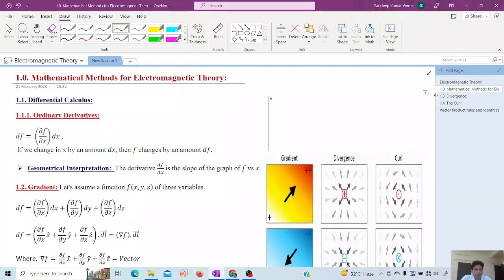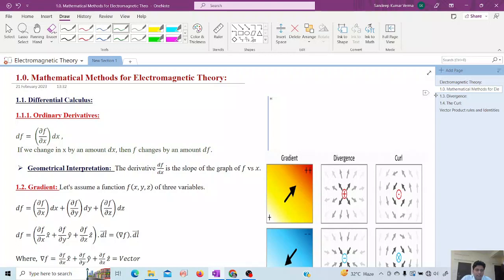syllabus. So the mathematical methods for electromagnetic theory: first I have started from differential calculus, and now the ordinary derivative. If any function is a function of a single variable, the total derivative can be written as df = (df/dx) dx, meaning if we change x by an amount dx, then f changes by an amount df.